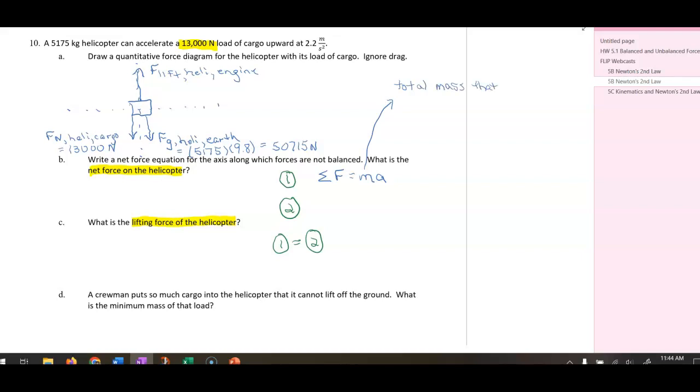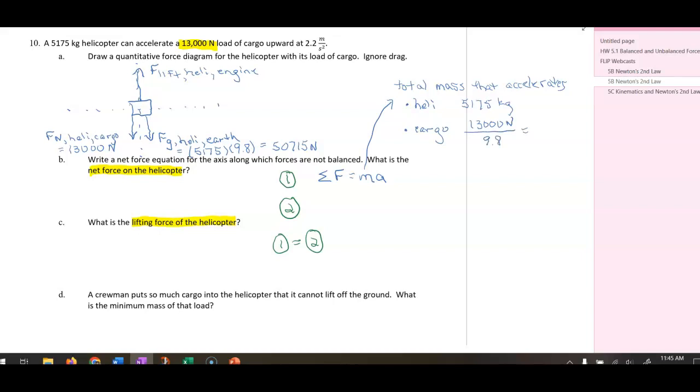So I know that the helicopter is part of that mass, right? The helicopter itself has a mass of 5175 kilograms. Do I know the mass of the cargo? Not yet. I know the weight of the cargo. I'm going to have to calculate its mass. So I take its weight, 13,000 newtons, and I divide by 9.8.